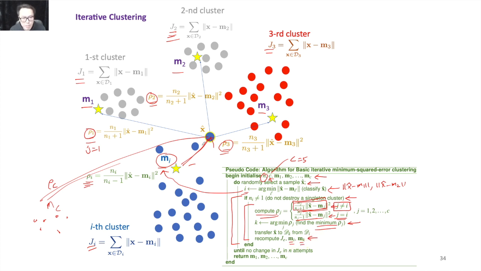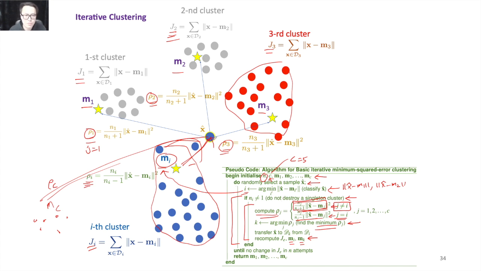So for mi, because we have one point fewer, we use the remaining samples in this cluster to compute the center again. Take the average of all the samples in this cluster, and the same for this other one, because we moved this point to here. Now there's another case.